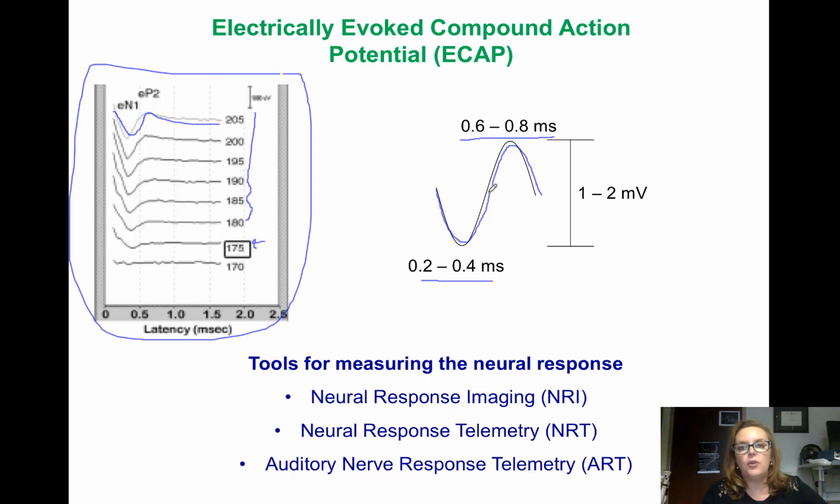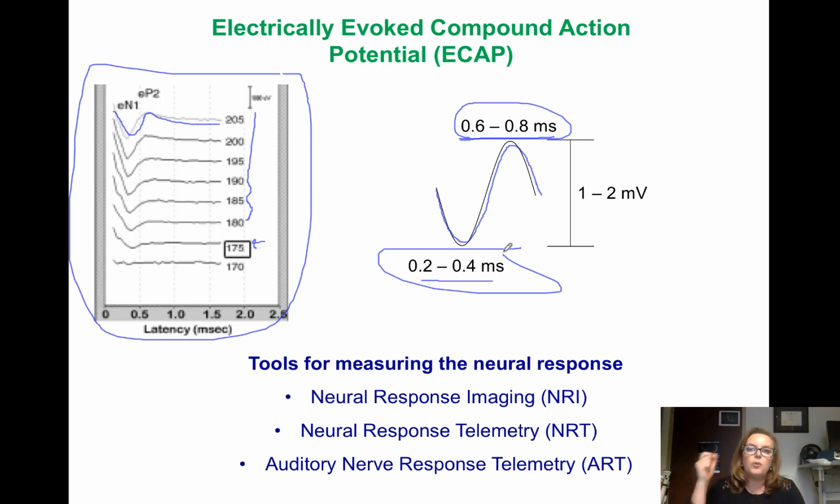Now, this ECAP is essentially the electrically evoked analog of wave 1 on the ABR. If you work with ABRs, or maybe you haven't for a while, for an acoustically evoked ABR, the latency is typically about 1.5 milliseconds on average. So you might be thinking, why is the ECAP latency so short? With an acoustically evoked response, we're presenting through the outer ear, through an insert earplug, and it has to travel through the outer ear, the middle ear, and the inner ear, and get to the auditory nerve.